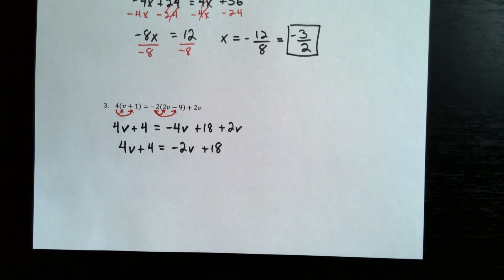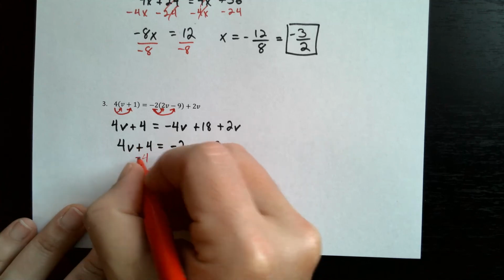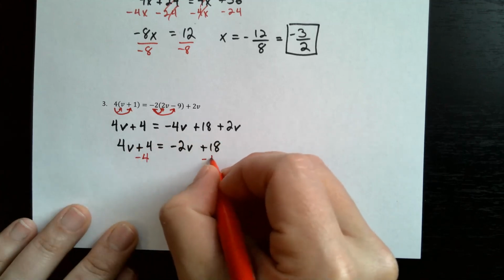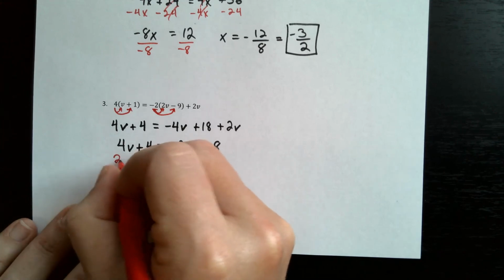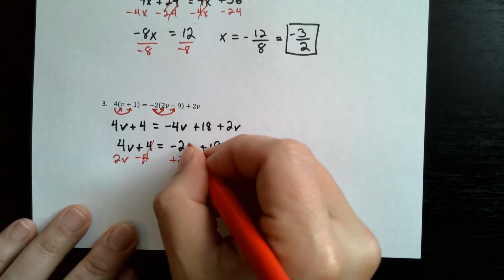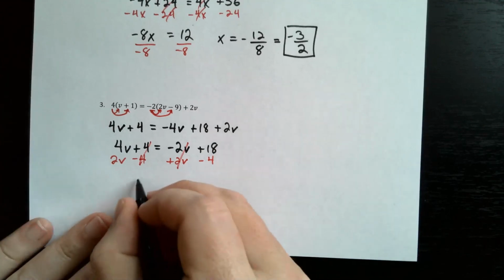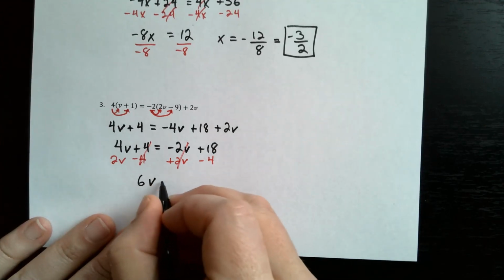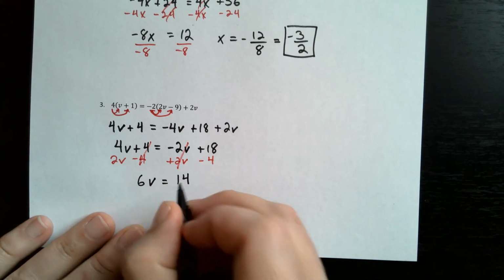Now let's move some stuff around. The number goes to the right, so I'll subtract a 4 from both sides, and I'll also add a 2v to both sides. That makes this cancel and this cancel. So I end up getting 6v is equal to 18 minus 4, which is 14.